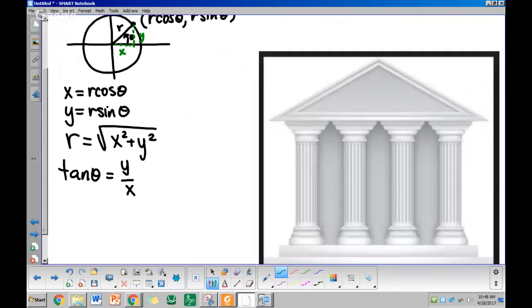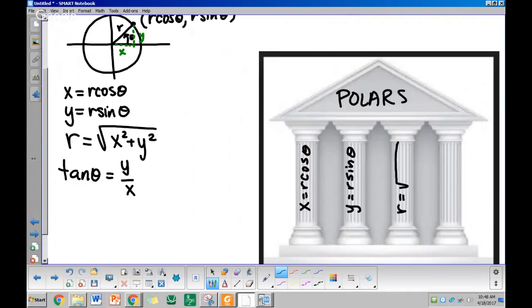All right, so what I'm going to do here is put polars here. And I have 4 pillars. x equals r cosine theta, y equals r sine theta, r equals the square root of x squared plus y squared.